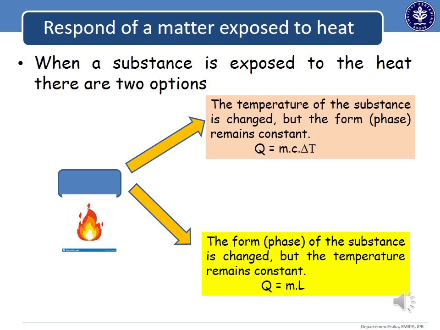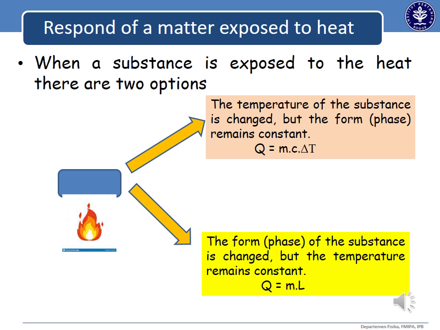For the next one, the form of the substance is changed. For example, if initially the substance is liquid, it now changes to gas or steam. At this time, the temperature remains constant. That's why we have a boiling point.